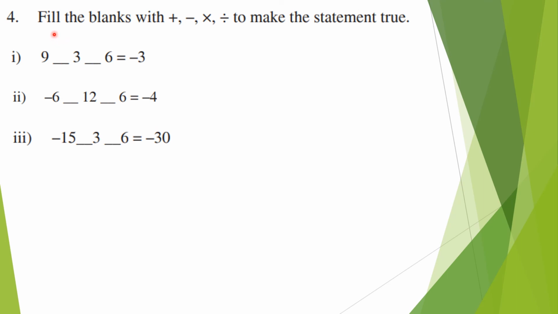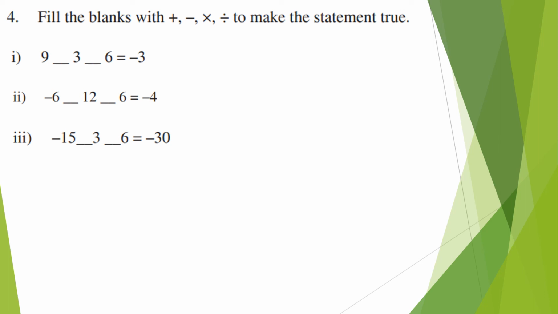Question number 4. Fill the blanks with plus, minus, into, divided by to make the statement true. Here they have given some statements. In the blanks, we need a suitable symbol to make the statement true. Okay, let us see. The first one is 9 _ 3 _ 6 equals minus 3.